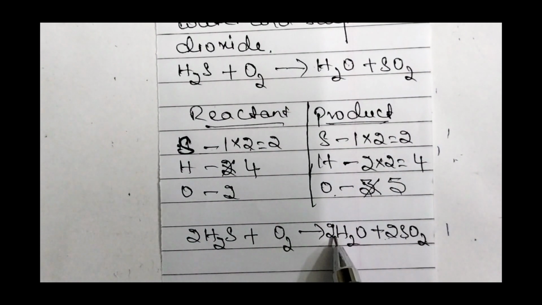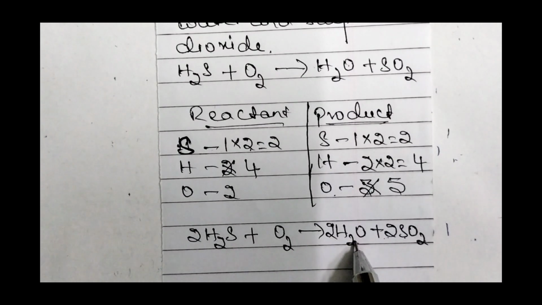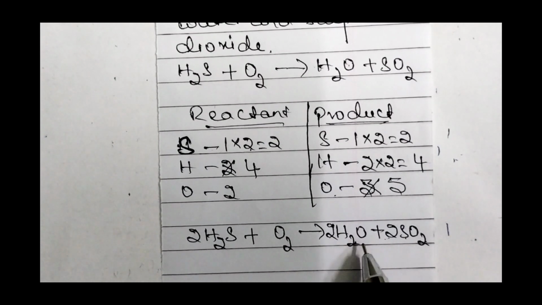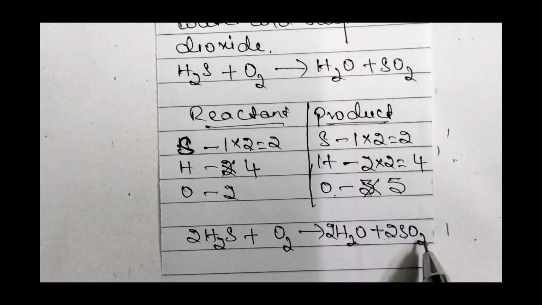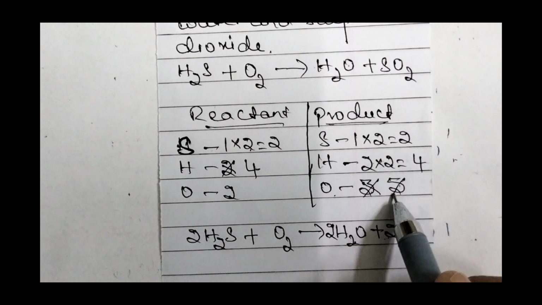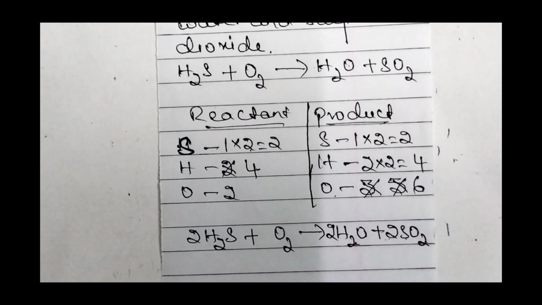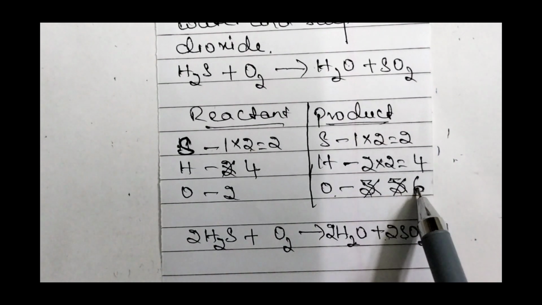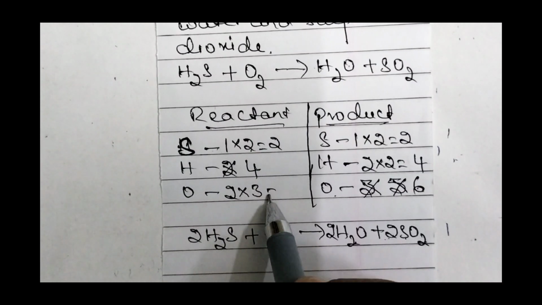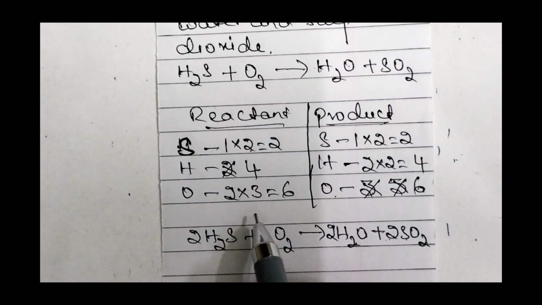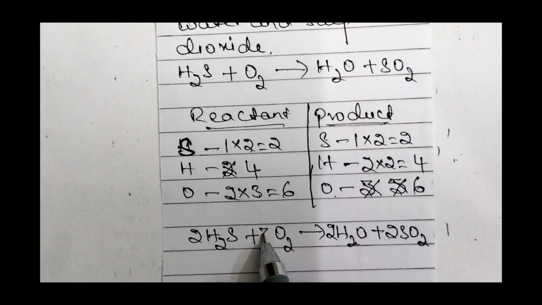So when hydrogen is multiplied by 2, 2 2s are 4 hydrogen, but now oxygen will become 2 1s are 2, 2 2s are 4, so 4 plus 2, 6, you cut 5 and write down 6. To make 6 equal to 6, 2 is multiplied by 3, so we will get 2 3s are 6, this 3 should be multiplied here.